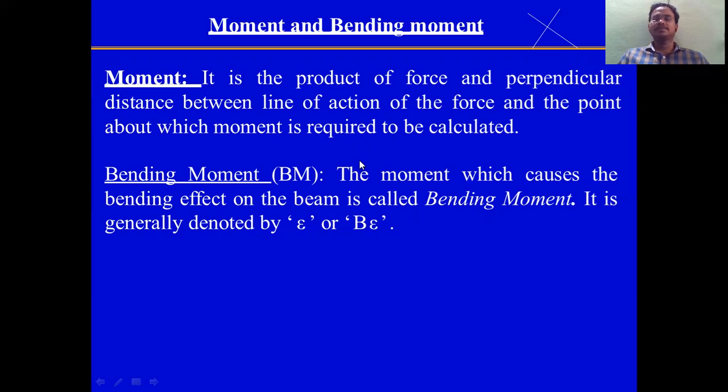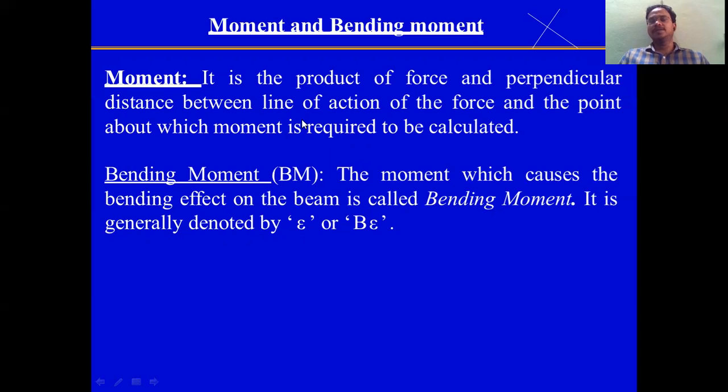What is a moment? Moment is the product of force and the perpendicular distance between the line of action of the force and the point about which the moment is required to be calculated. Force into the perpendicular distance is the moment, and the direction is calculated by rotating the force towards the moment center, the moment point.